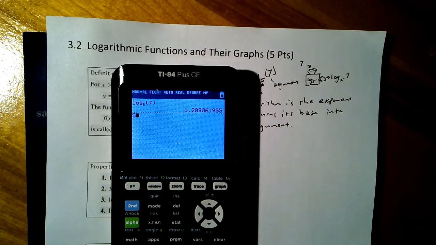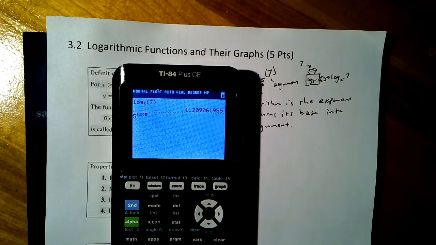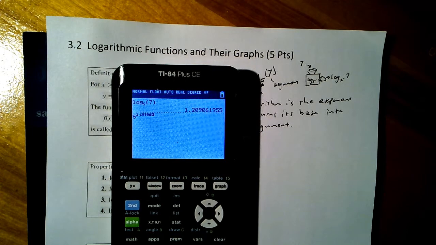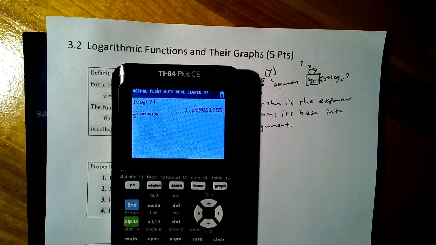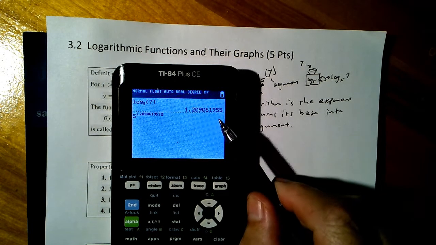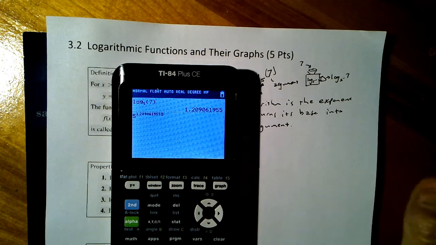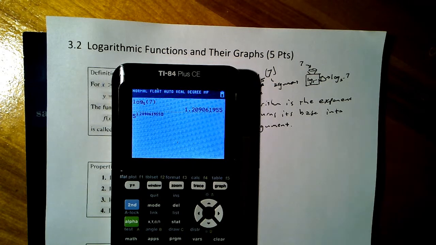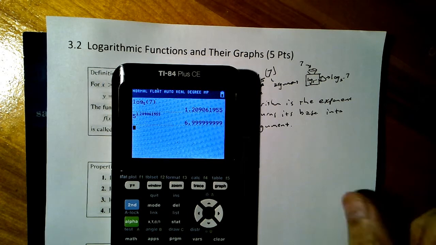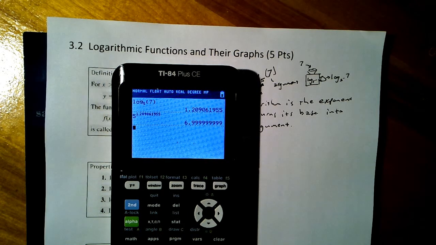So if I take 5 and raise it to the 1.209061955, and understand that's just rounded, so my answer might not be exactly 7. I'm really not even certain, but it better be really, really close, and it might actually round to 7. Let's see. Oh, sure enough, it wasn't quite, but trust me on this one, it's 7.